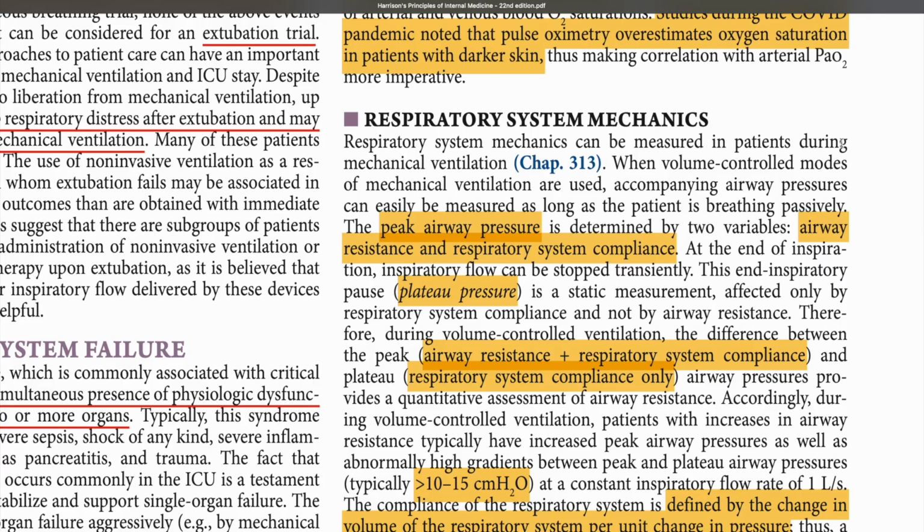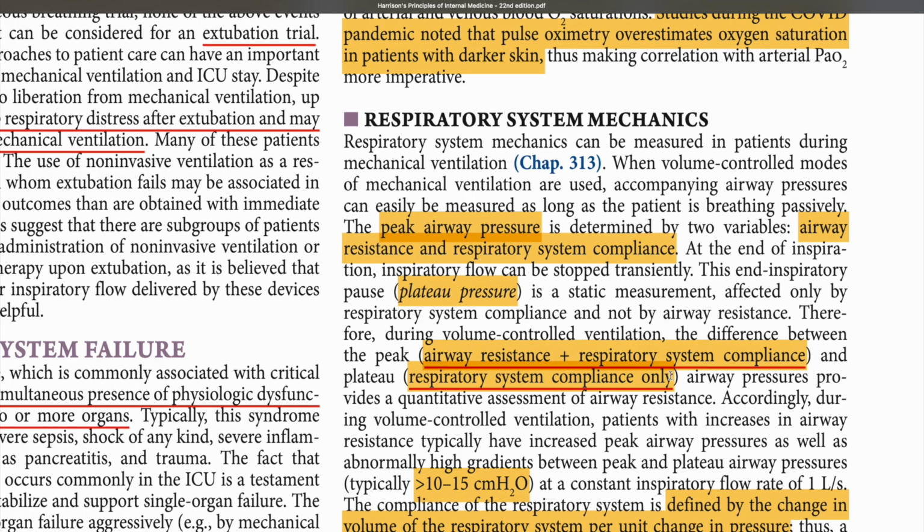Peak airway pressure means airway resistance plus respiratory system compliance. That's what Harrison tells. And plateau pressure reflects only compliance. The difference between peak airway pressure and plateau pressure tells us about the airway resistance.